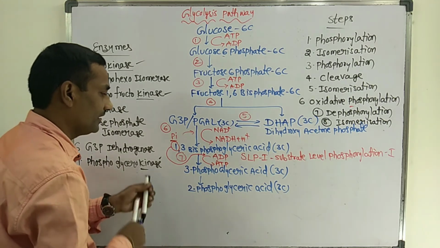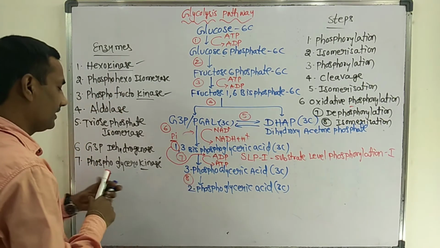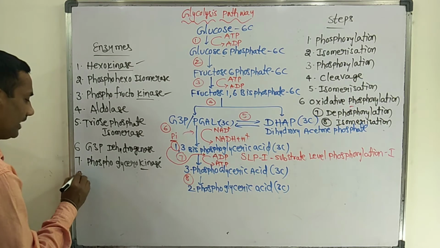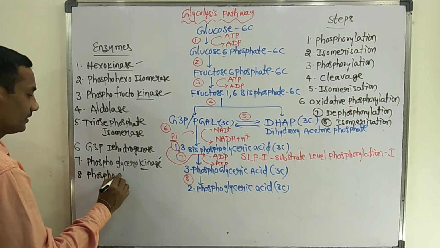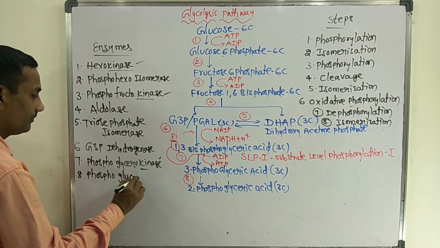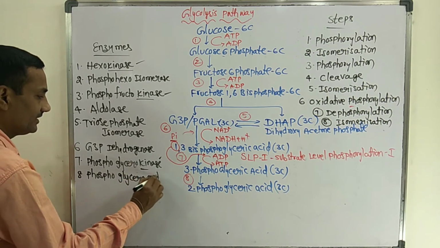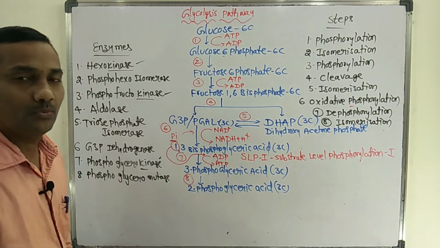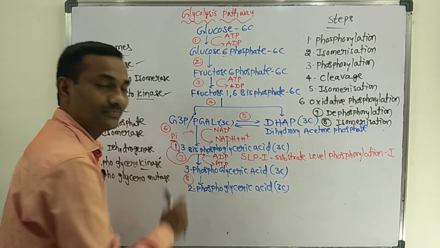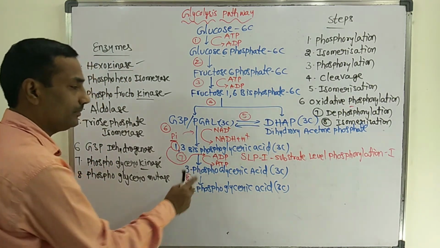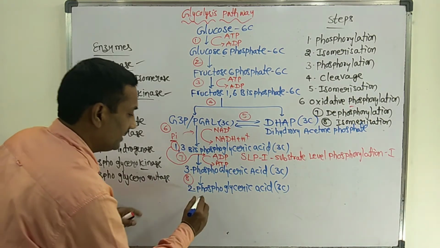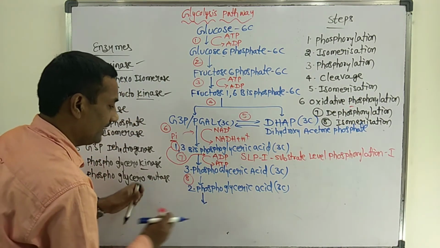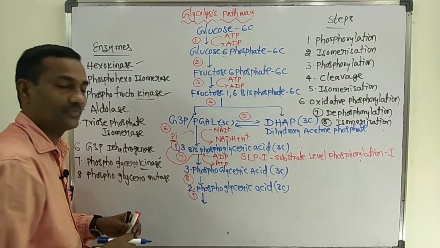This 8th step is catalyzed by one more enzyme, phosphoglyceromutase. That is one more enzyme involved in the 8th step for conversion of 3-phosphoglyceric acid to 2-phosphoglyceric acid. Now the 9th step: what major event occurs at the 9th step?